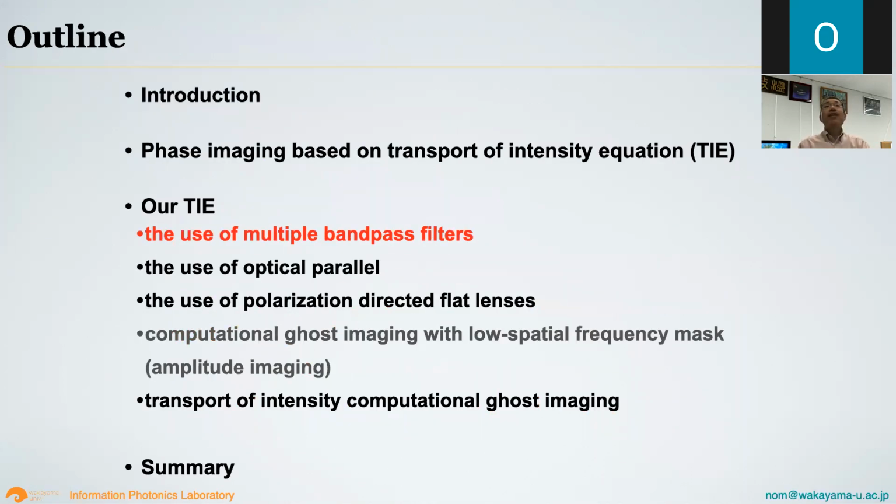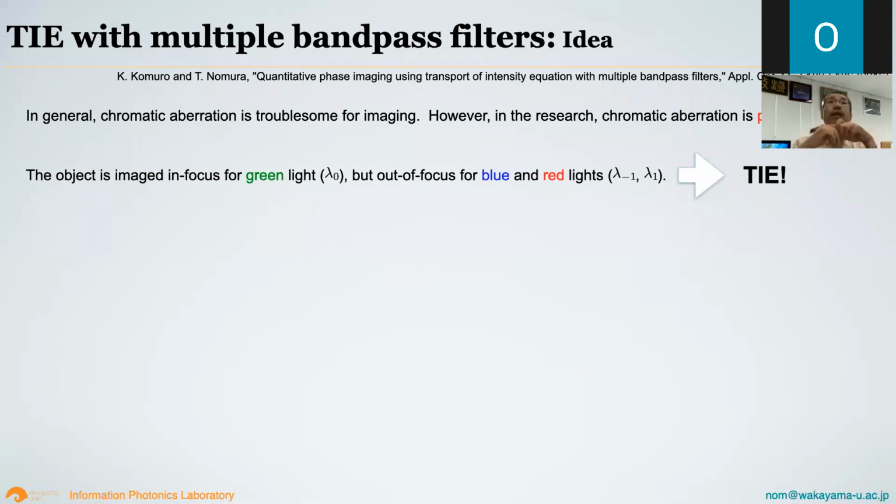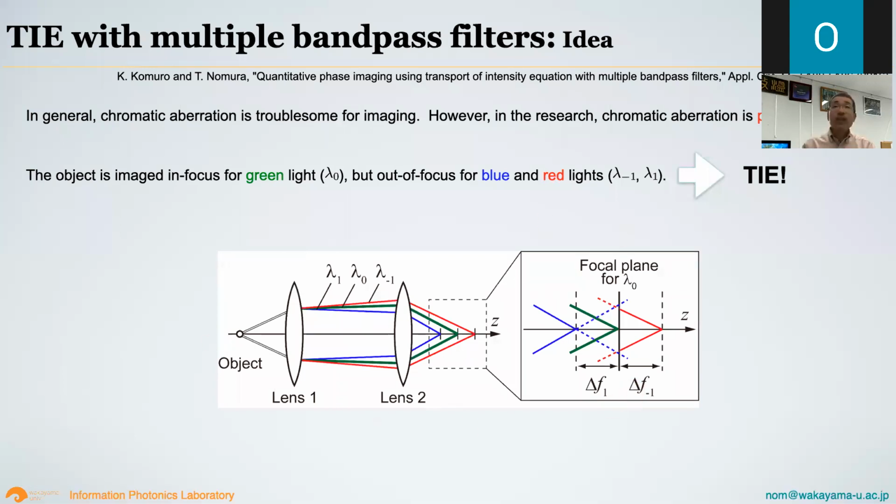All right, let me move to the first one, multiple bandpass filters TIE. So in general, chromatic aberration is troublesome for imaging. However, in this research, chromatic aberration is positively utilized. Please pay attention to the picture. The object is imaged in focus for green light, lambda 0.